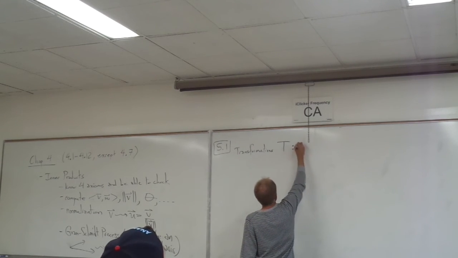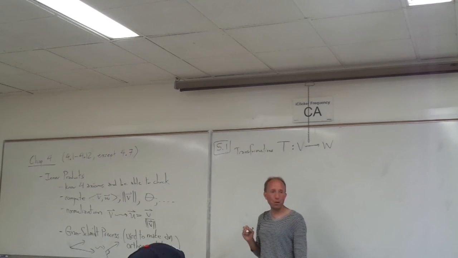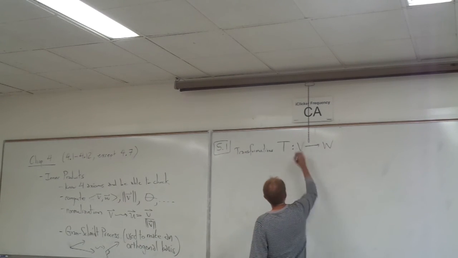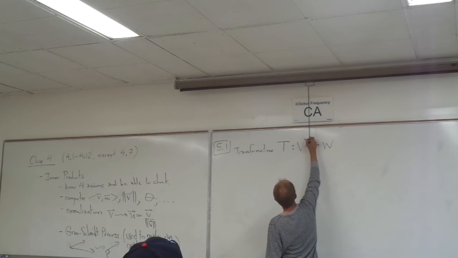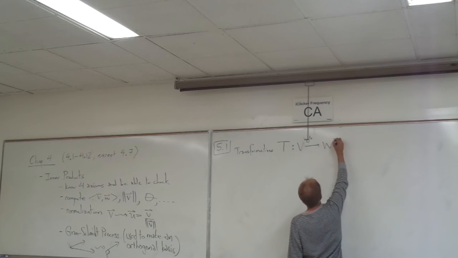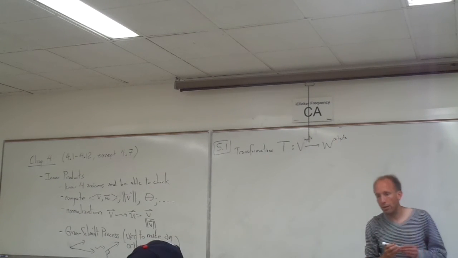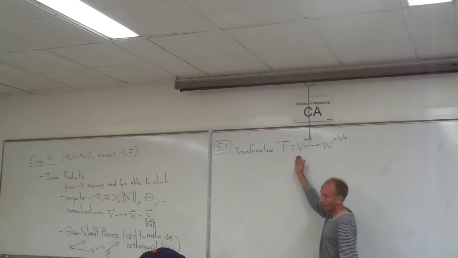And these things go between two vector spaces. So these are like functions. You have V, which is where your inputs come from, and your outputs are coming from W. So you input whatever these vectors look like, and you output whatever these.